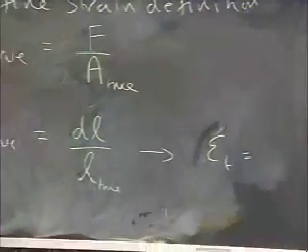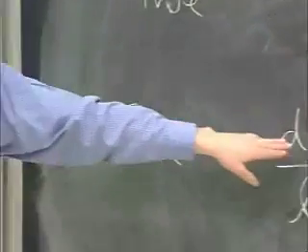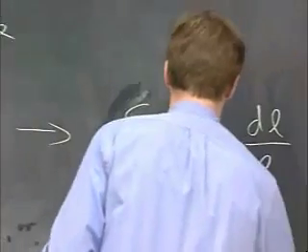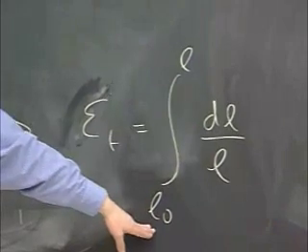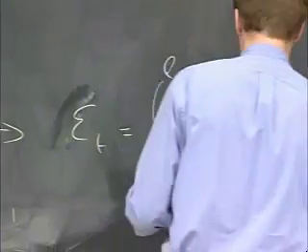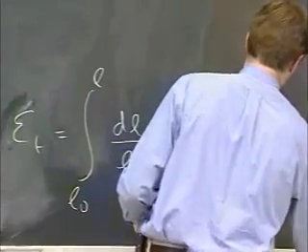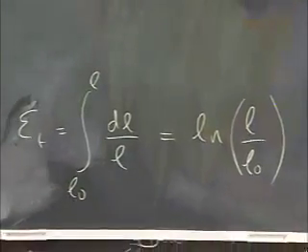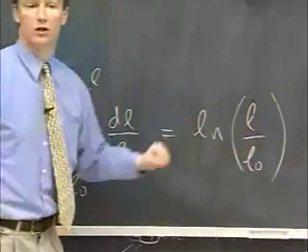Excuse me. The increment of true strain is dL over L, so the true strain is therefore the integral from wherever we started, whatever our initial length was, to our current length, and that gives us a logarithmic dependence on the ratio of the current length to the initial length.